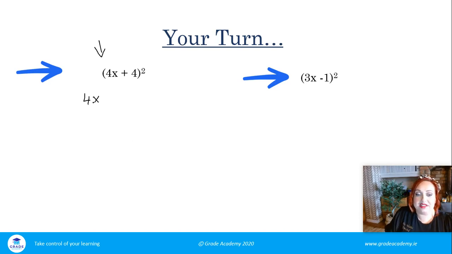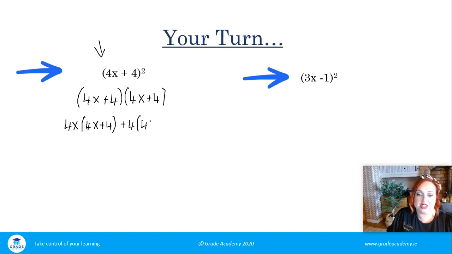So again, first things first, let's get rid of that power of 2 and rewrite those brackets out. First job. Second thing then is I'm going to break up the first bracket and I'm going to multiply it by the second, just like this.